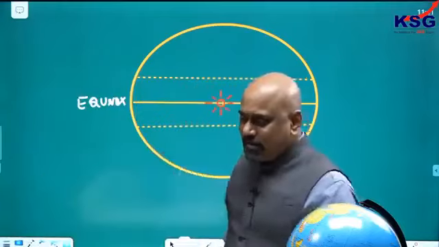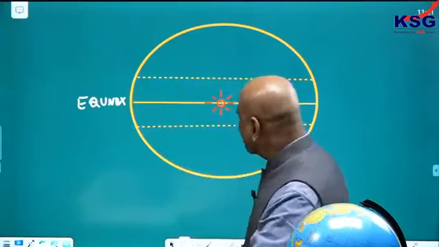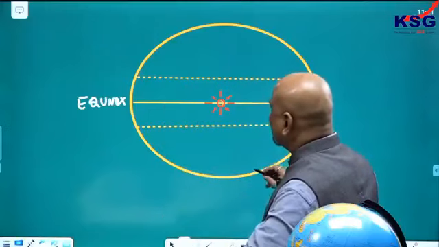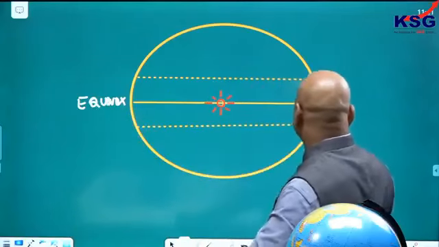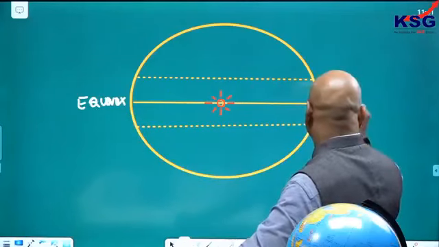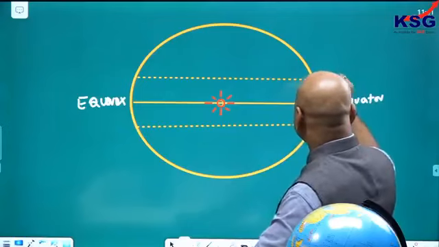While the sun is at the equator, it is the equinox.